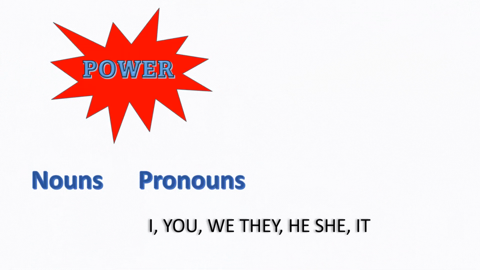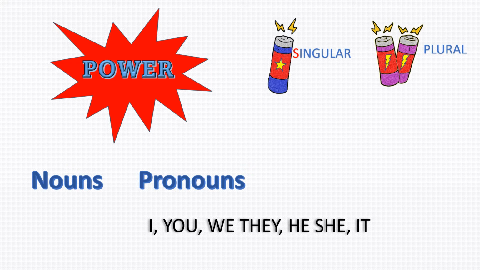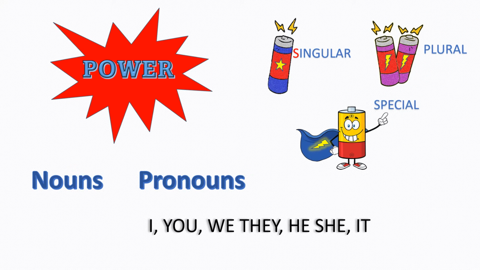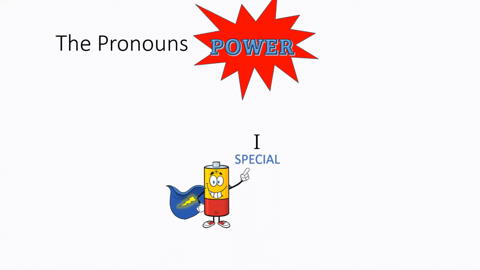Nouns and pronouns have different powers. Some have singular powers. Some have plural powers. And some have special powers. Next, let's look at the pronoun's power. The pronoun I has a special power as indicated by the one-of-a-kind special battery.